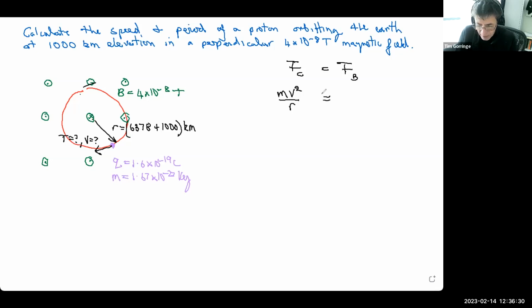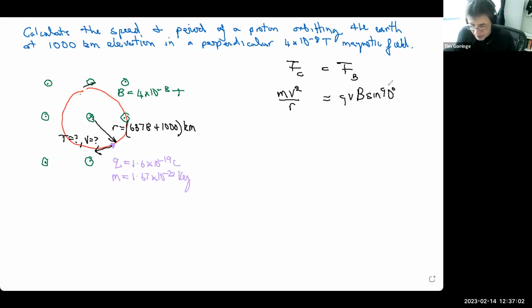And it must be that force, that necessary force for the circular motion, is provided by the magnetic force that's acting on the particle. And the magnetic force that's acting on the particle is the product of the charge of the particle, the speed of the particle, the magnetic field that the particle is immersed in, and the sine of the angle between the magnetic field direction, which is out of the screen, and the circular motion, which is in the plane of the screen.